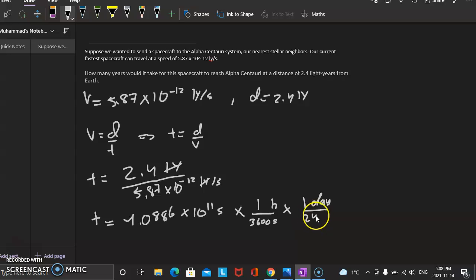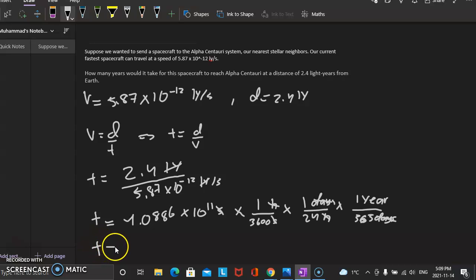There are 24 hours in 1 day. And in 1 year, there are 365 days. So the units here cancel out, days, the hours here cancel out, and the seconds cancel out. So we just converted seconds to years, just like that.